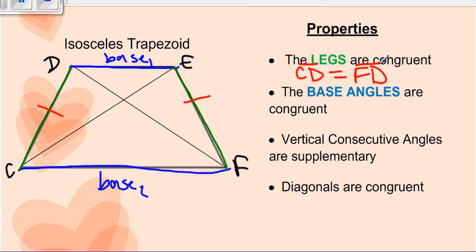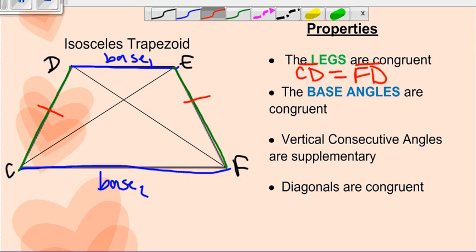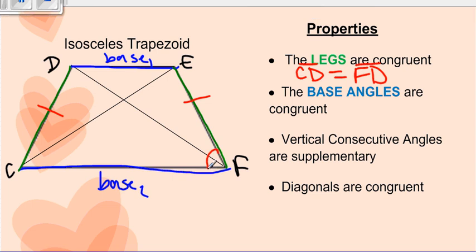Their base angles will be congruent, just like the isosceles trapezoid. So this base angle here is going to be congruent to this one here. And that makes the top angles also congruent to one another because remember, they're supplementary to those that are the base angles.